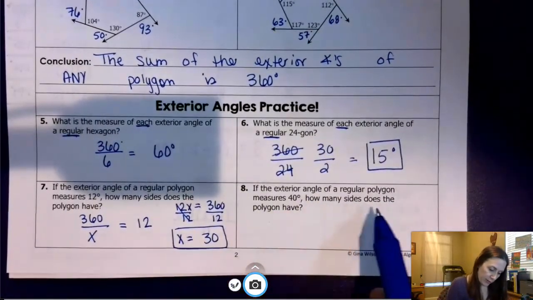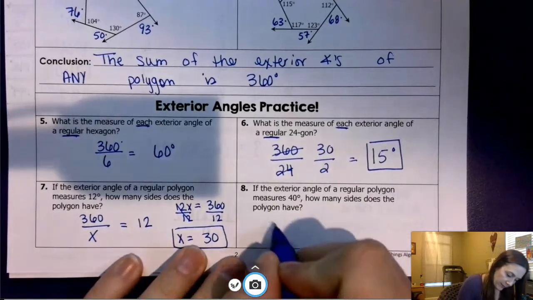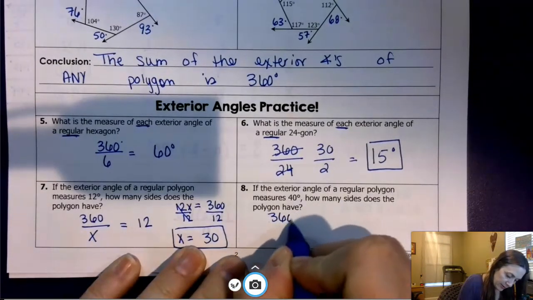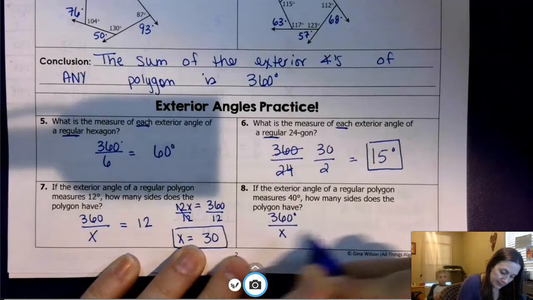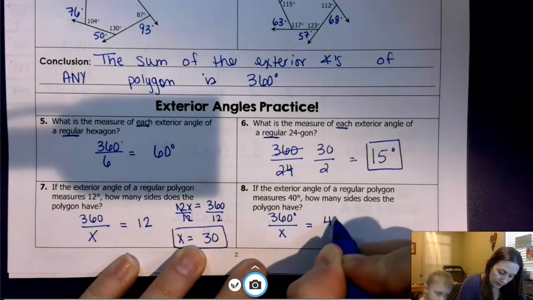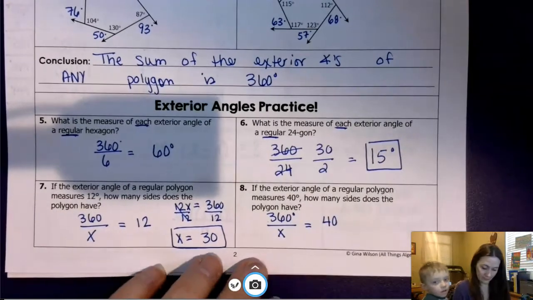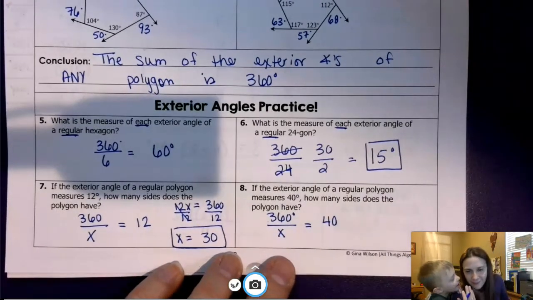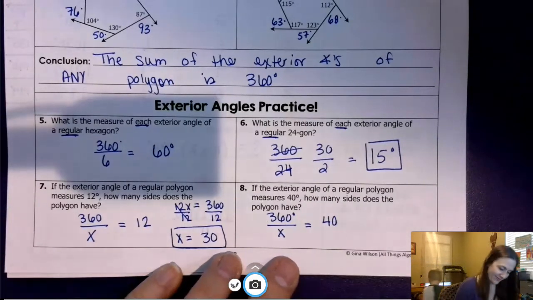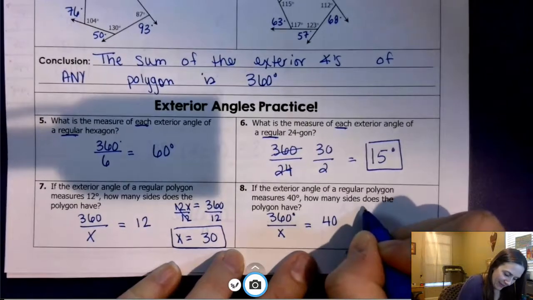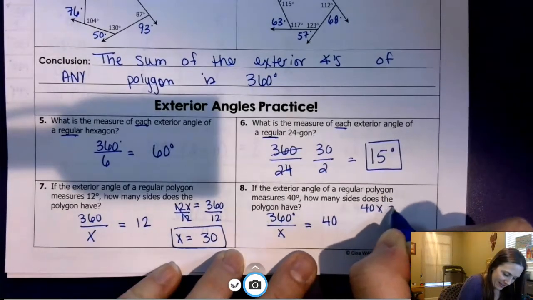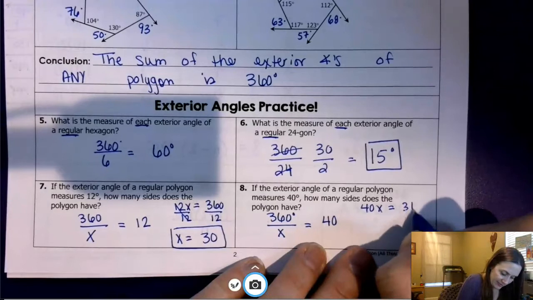If the exterior angle of a regular polygon measures 40, so we have 360 degrees. We don't know how many sides, but we know it's going to be equal to 40. So in this case, we're going to have 40x equals 360.